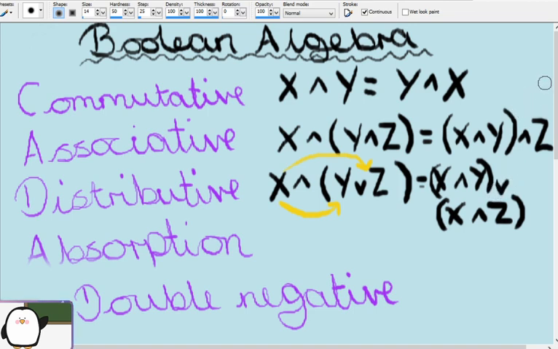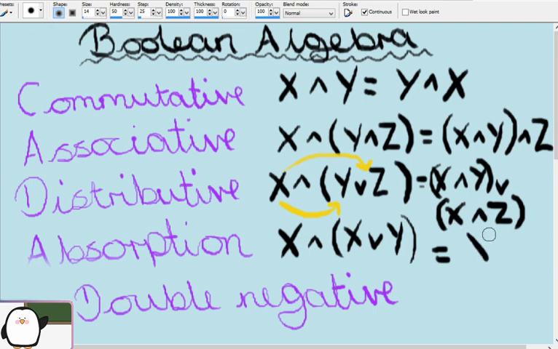We then have the absorption rule, which is when you have X and X or Y, the Y absorbs, so you end up with just an X. The final rule is the double negative rule, which means that not not X is the same as X. So two negatives make a positive.